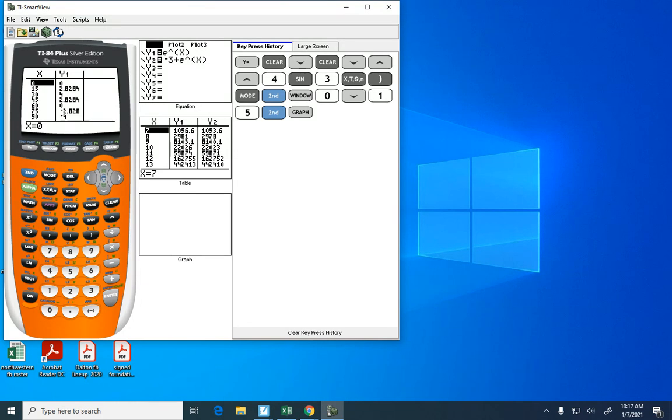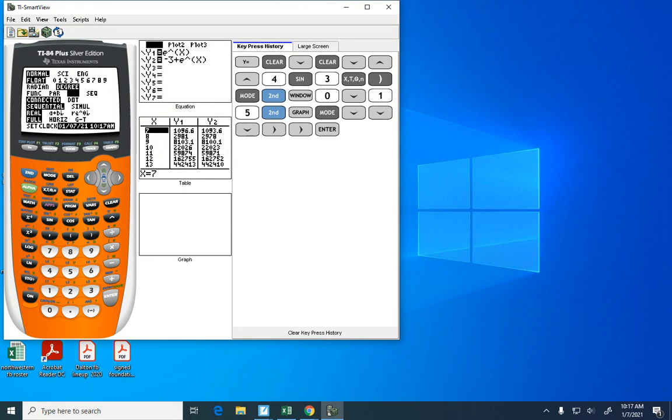Now your calculator will graph a polar equation for you. Let's see here. If we go to mode, down at the 4th line, there is a polar equation there.